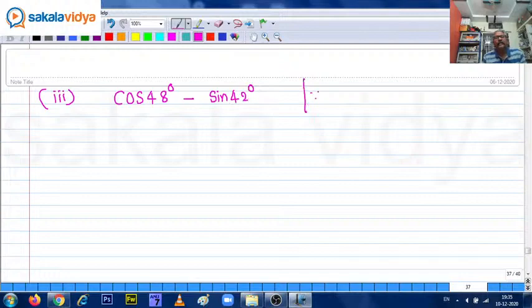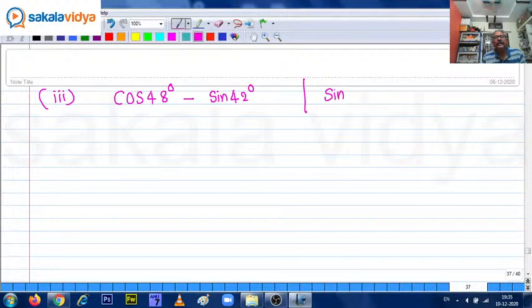Okay, here write down cos of 90 degrees minus A. Sorry, one minute. We need to change this angle in terms of sine.